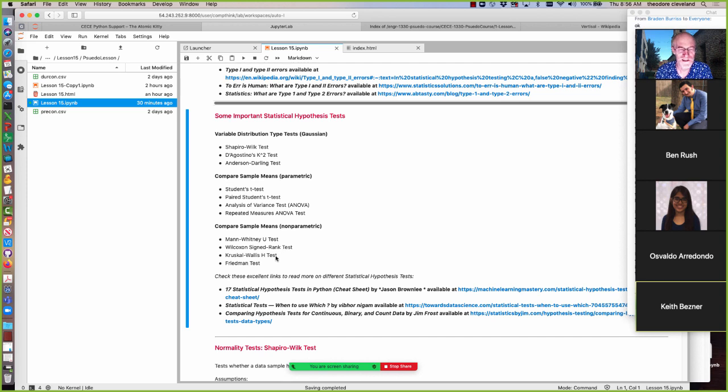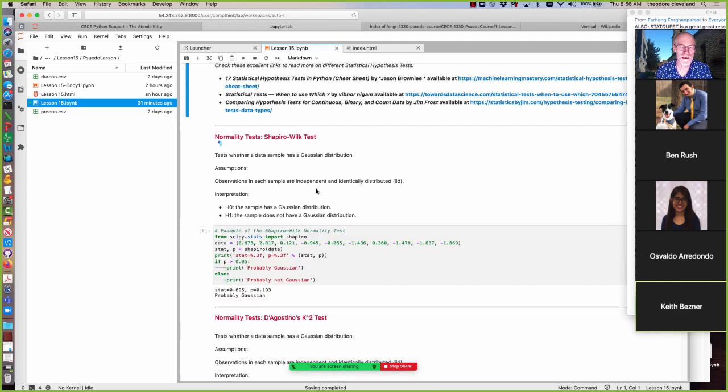I think I have an example called Bartlett's test, which is a variation of these. Some other ones: Kruskal-Wallis, Friedman, and so forth. They're different, but they all work about the same way: you supply your observations to the test, and it makes comparisons.